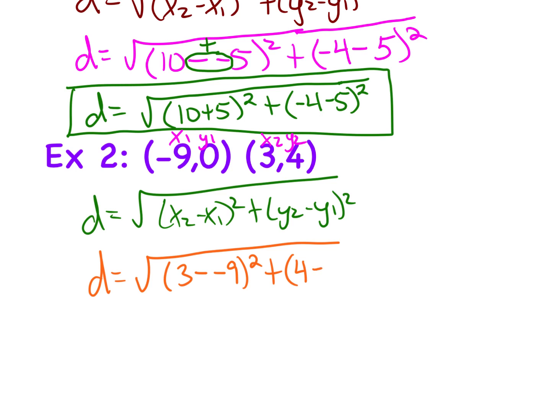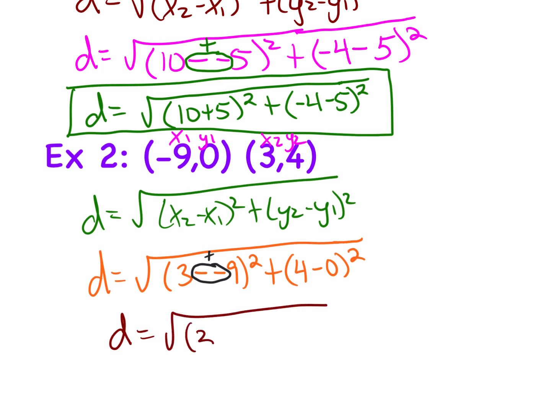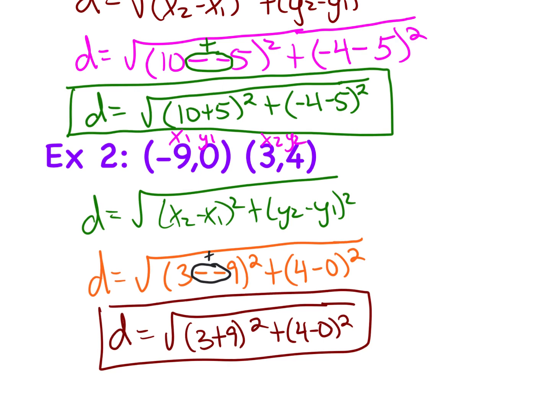Jules, what's the y1? 0 squared. Mandy, do I have any two negatives that are next to each other that need to become a positive? Okay, in that first one there, we have these two negatives and they become a positive. So I just rewrite it now. 3 plus 9 squared plus 4 minus 0 squared. And that's it for today.